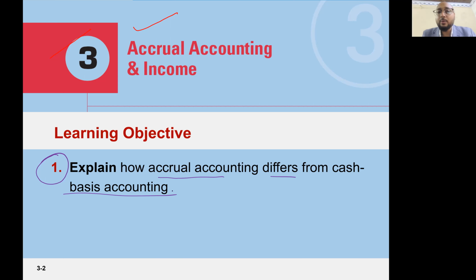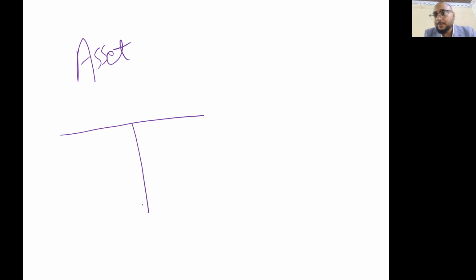We talked about accounting principles like debit and credit. So what are the rules of debit and credit? Let me just revise for you. If the account type is asset, and the asset increases, this is a T account. Debit means left side, credit means right side. So if an asset increases, it will be written on the debit side.